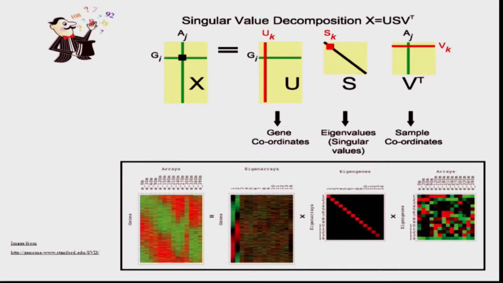One which contains the sample coordinates, or the cases, one which contains the features, and then a diagonal matrix which just tells you how much variance is in each vector. So this is the first eigenvector here associated with our samples. This here is the variance associated with it, and here, this is just transposed, is the trend that you're seeing in the genes.